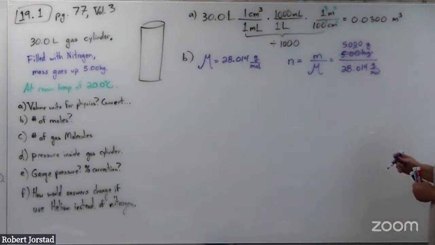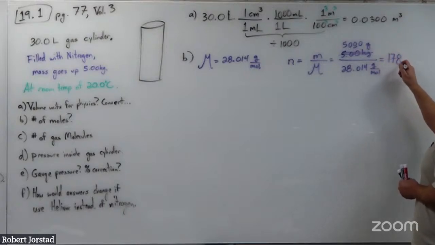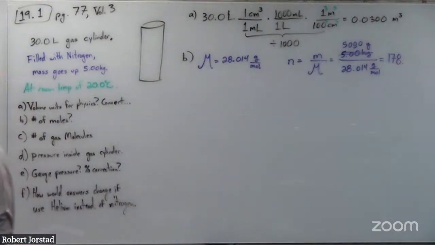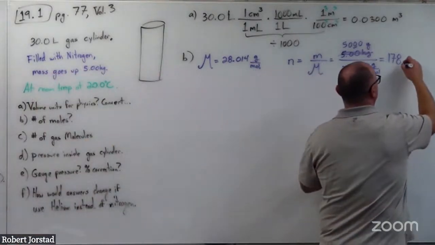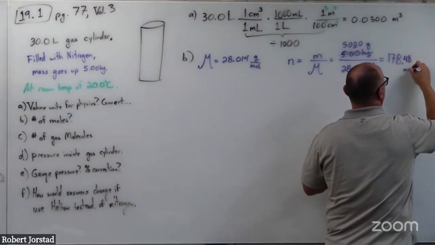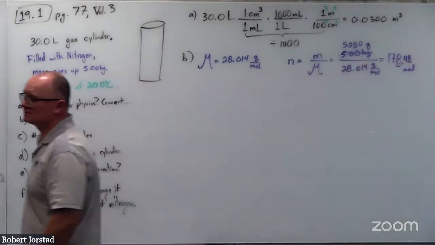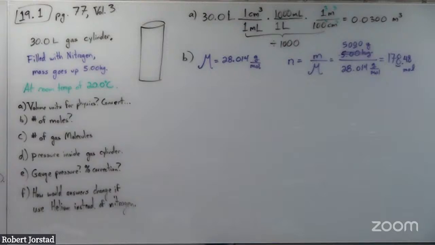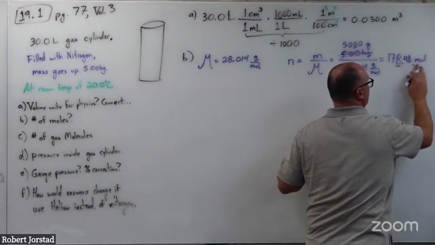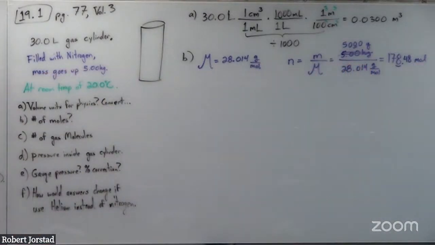Right, and so out of all that, I got 178.48. Trying to make sure this fits on the screen while I'm writing it. It's hard to see from across the room. Okay, so that's how many moles we've got.